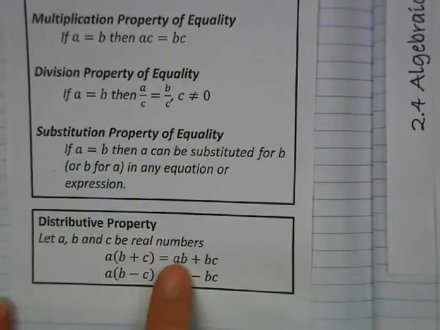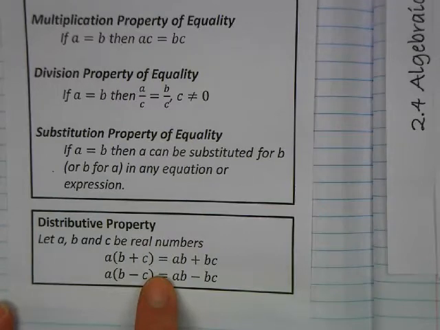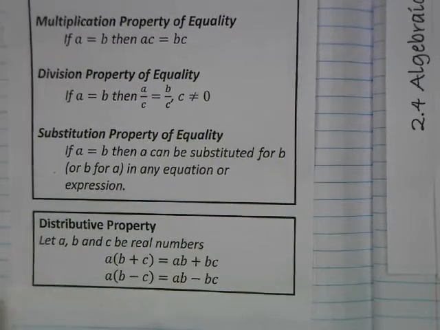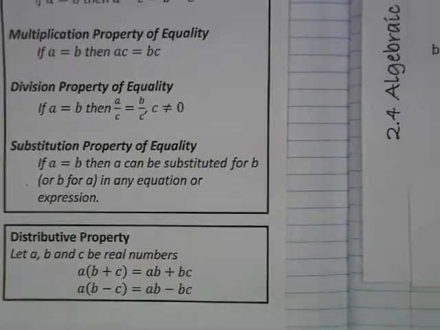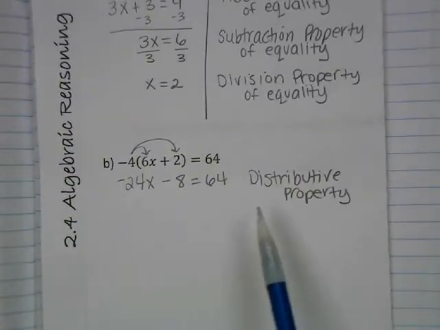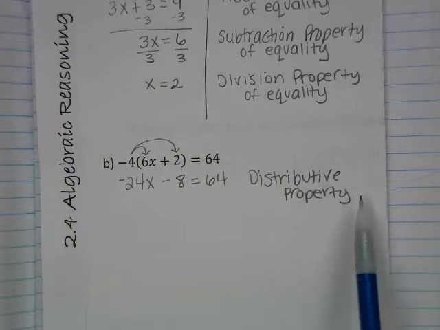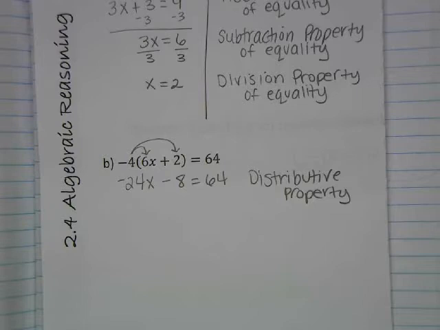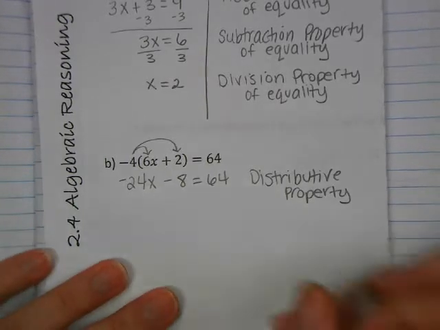And notice that the distributive property is not a property of equality, because you don't necessarily do it to both sides of the equation. Sometimes you do, but not always. So in this case, you don't want to put distributive property of equality because you didn't do the same thing to both sides. So it's just the distributive property.